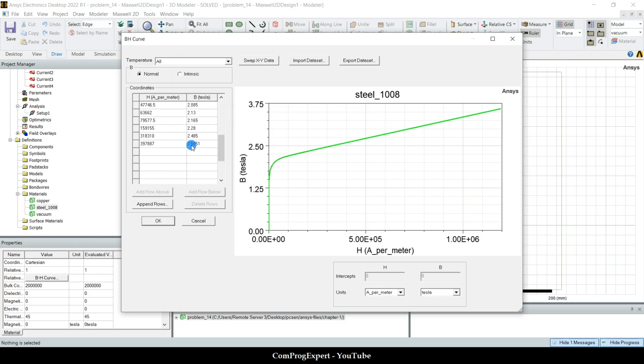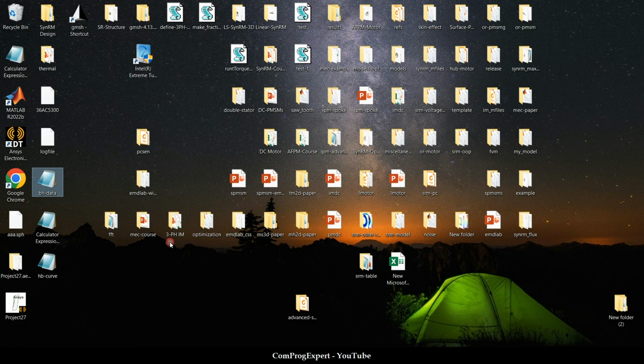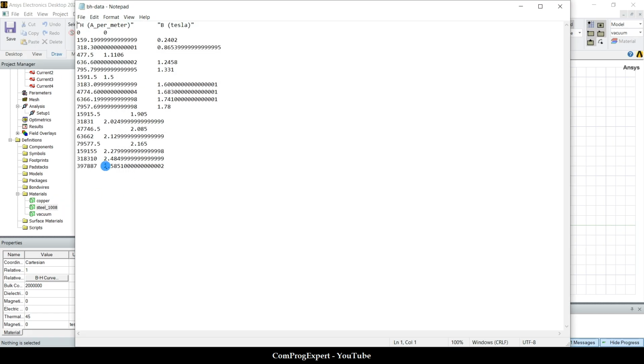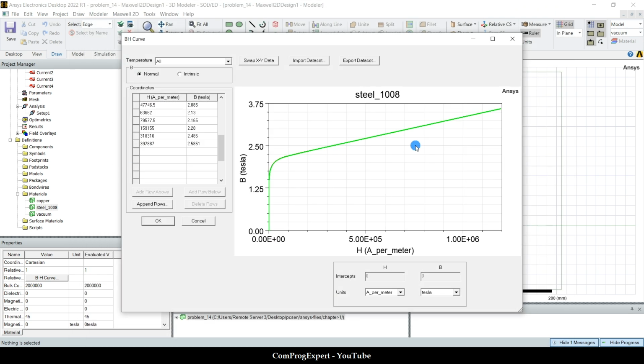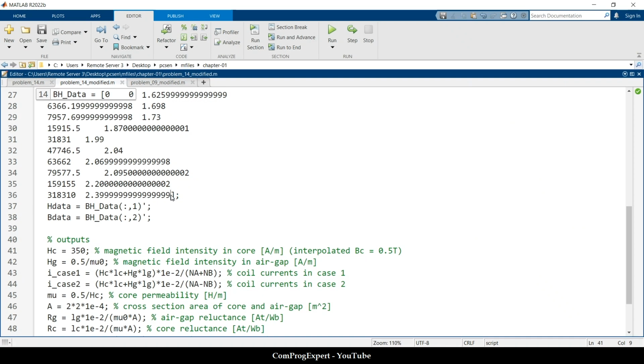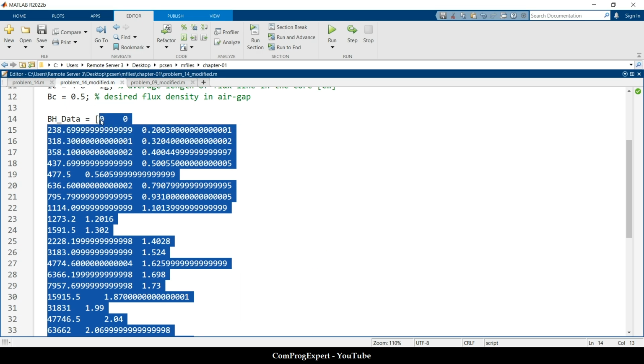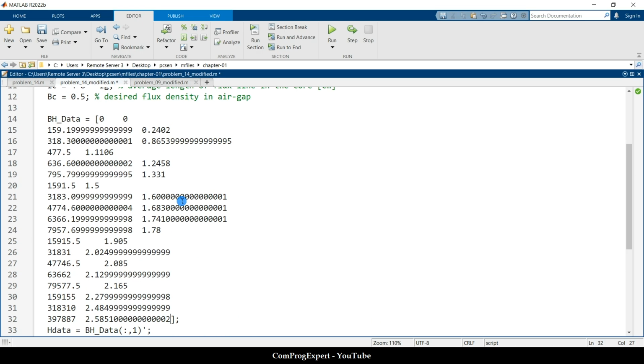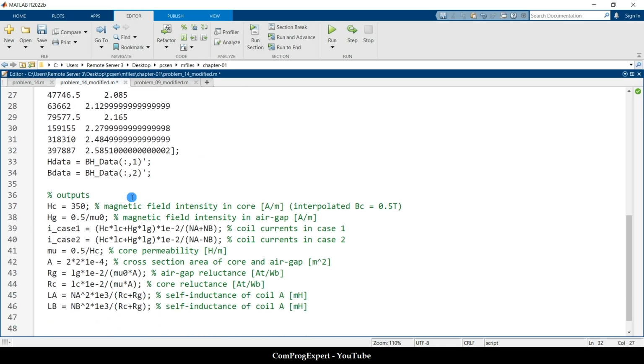The last one is 2.58. Yes, correct. So we have this HB data for the material that we considered.